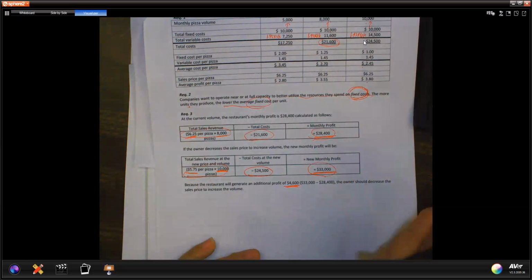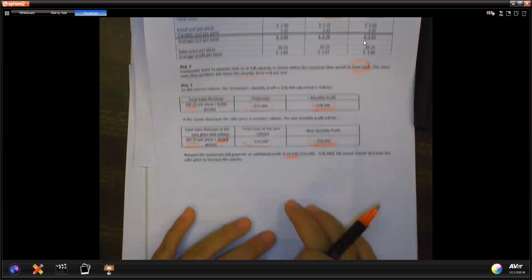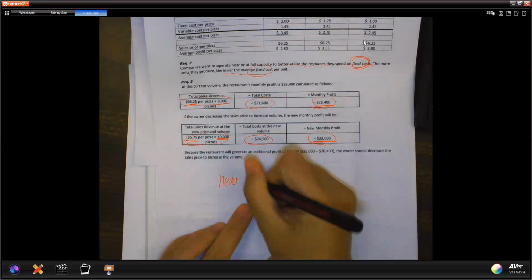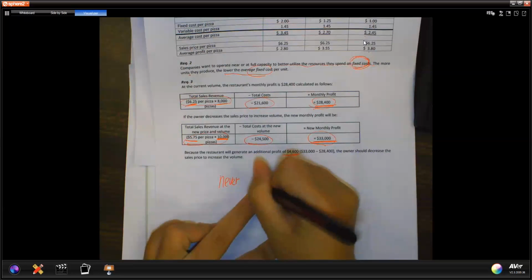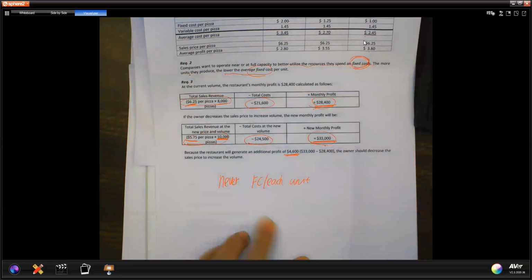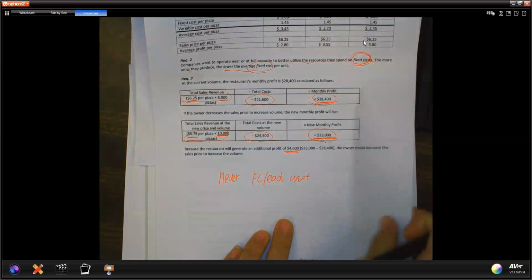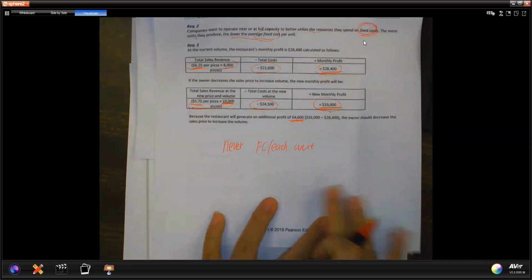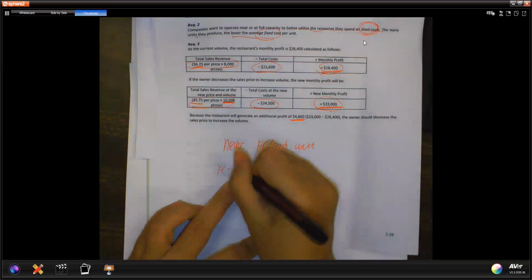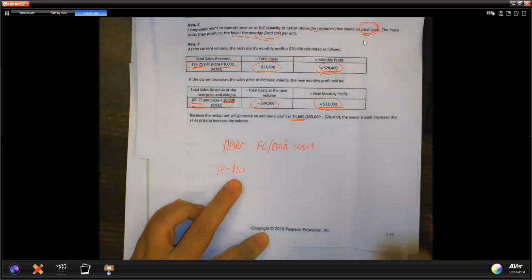Since I'm making the video, I just want to say what we said in class. We said never make your decision using your fixed cost per unit. Why? Because that will give you the wrong decision. Very quickly, let's say the fixed cost is, I'll just make up a number, $10.